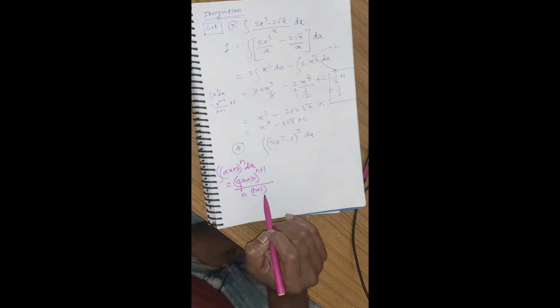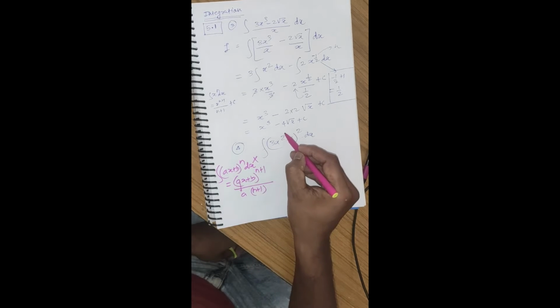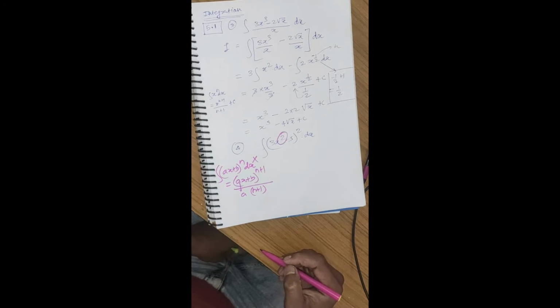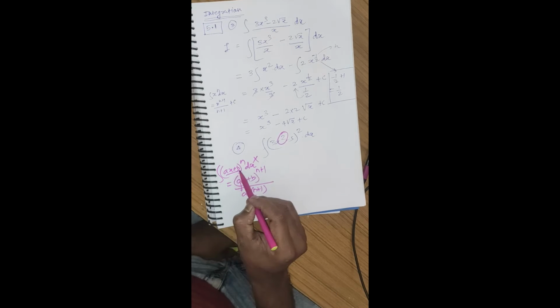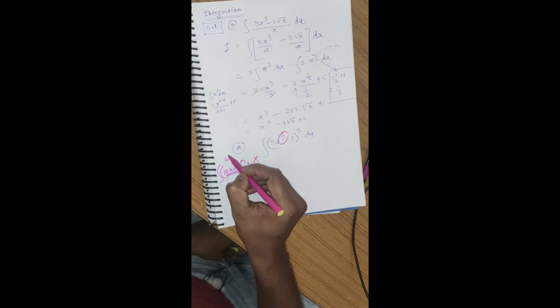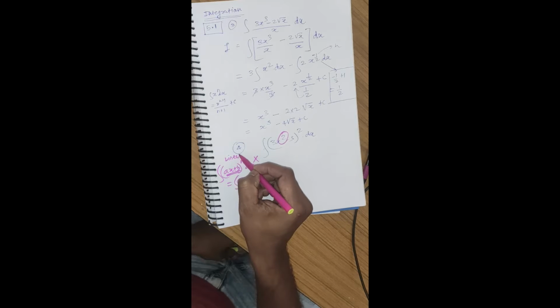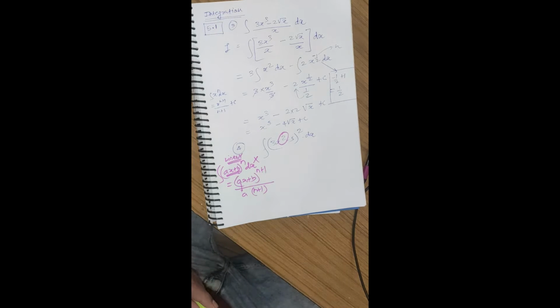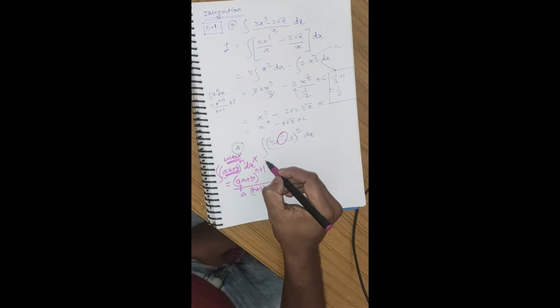So this formula cannot be used because it's x square over here. We can only use this formula when there is a linear equation. This is called a linear equation, right? So we have to expand this.